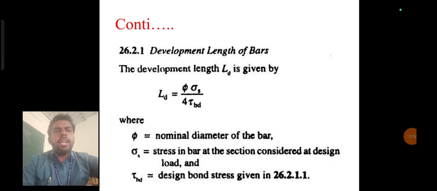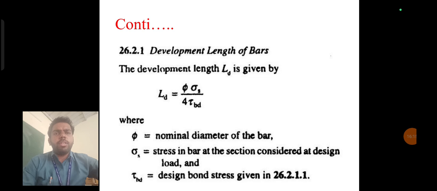This is the equation to find the development length of the bar: Ld = phi sigma_s / (4 tau_bd). Phi is the diameter of the bar, sigma_s is the stress in the bar at the section considered at design load, and tau_bd is the design bond stress.